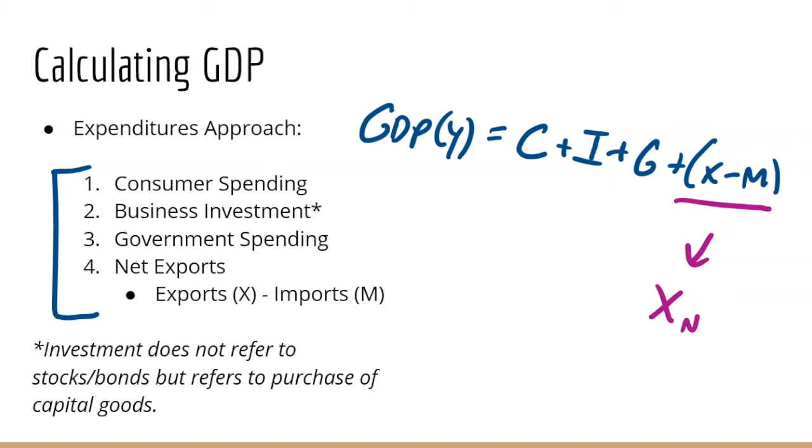In other words, GDP equals consumer spending plus investment spending plus government spending plus net exports, which is your exports minus your imports.